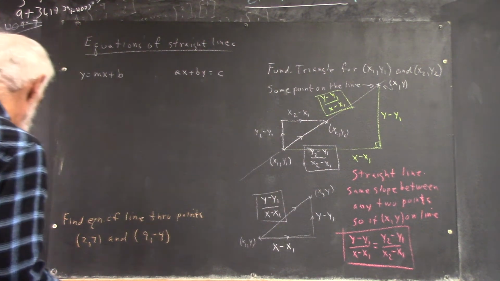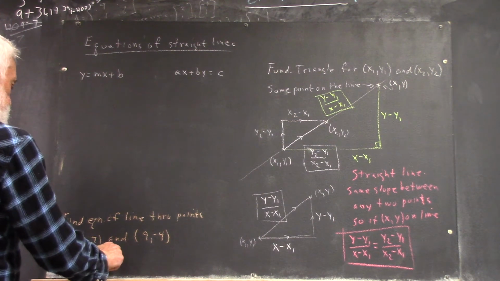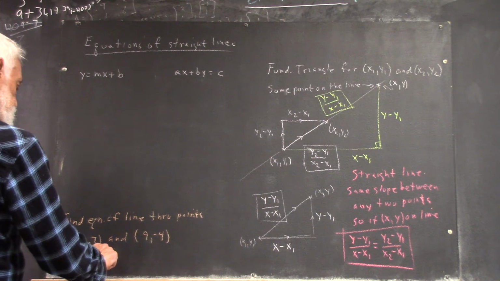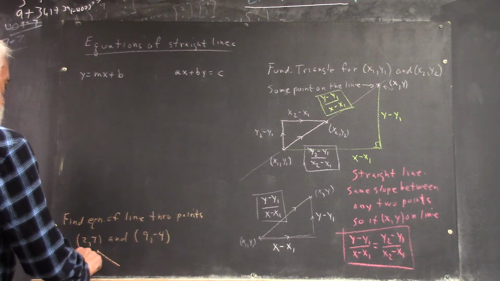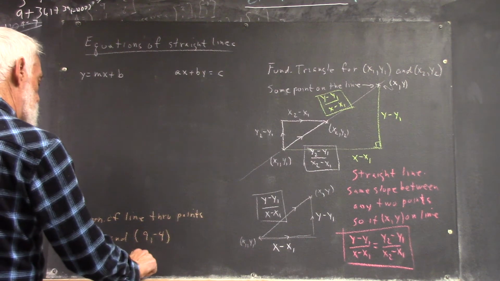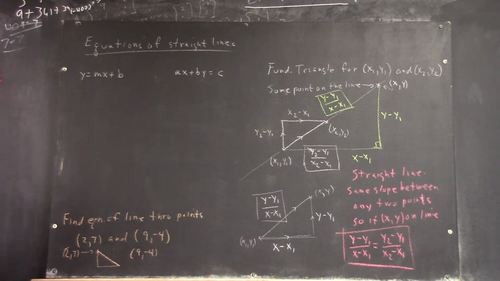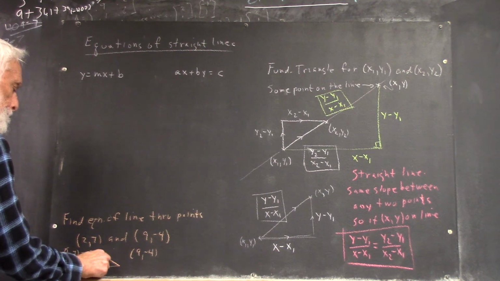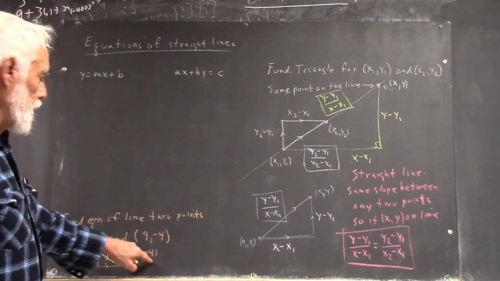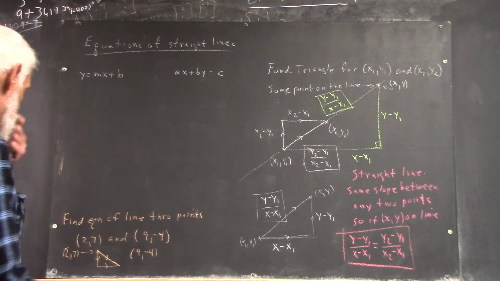We can do a fundamental triangle. Let that be 2, 7, let this point be 9, negative 4. We can do the rise and the run, going in this direction. The rise is from 7 to negative 4, that's negative 11. The run goes from 2 to 9, which is 7.